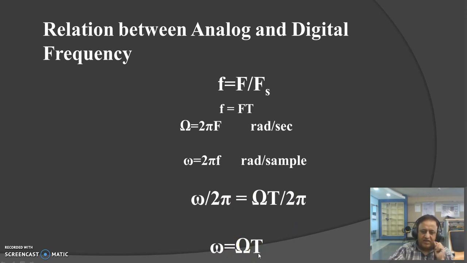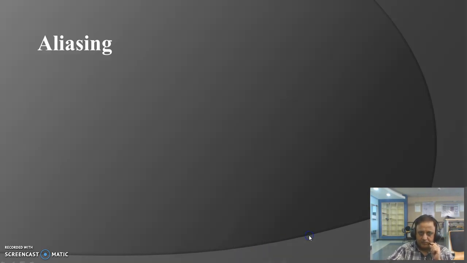So observe that the discrete time frequency is a linear multiple of an analog frequency, showing that it's very easy to get the digital frequencies because of the linear nature of this expression.